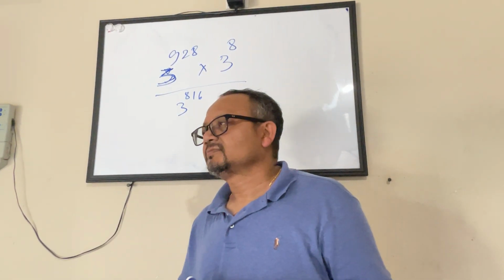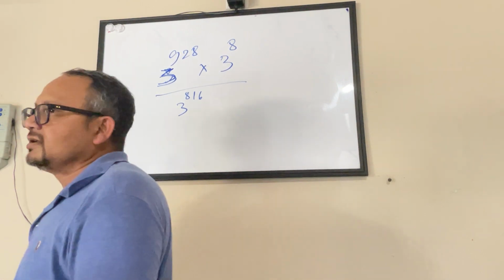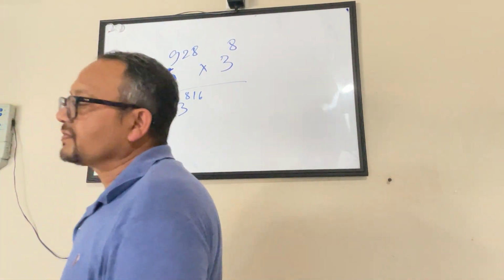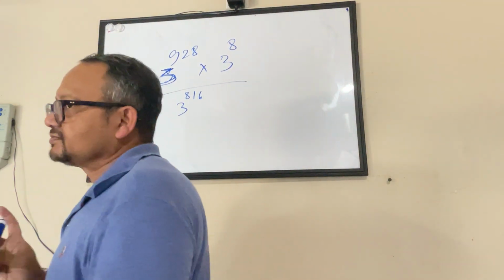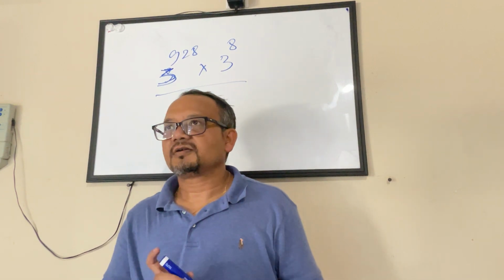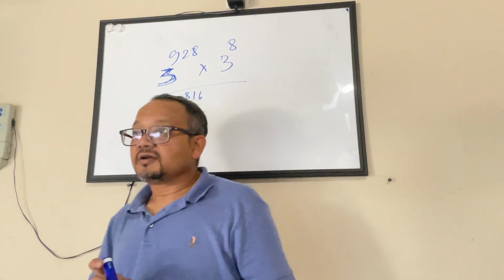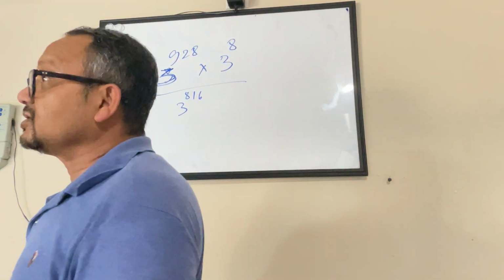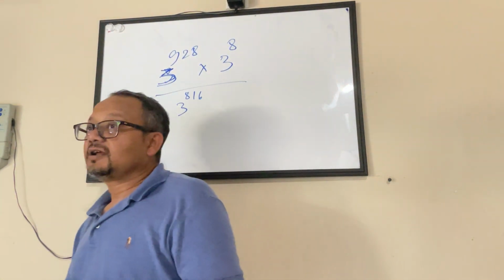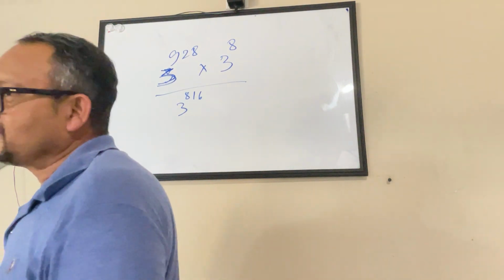I got my answer. What is that? Sir, what is it divided by? 3 to the power 816. Okay. I got my answer. What is that? 3 to the power of 6,608. 3 to the power 6608. That is not correct. Do it one more time.